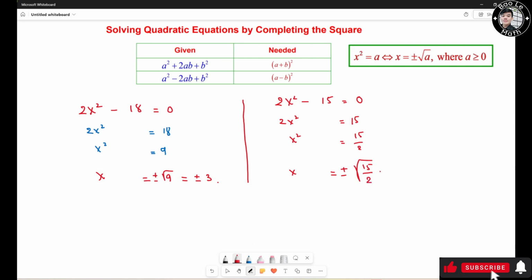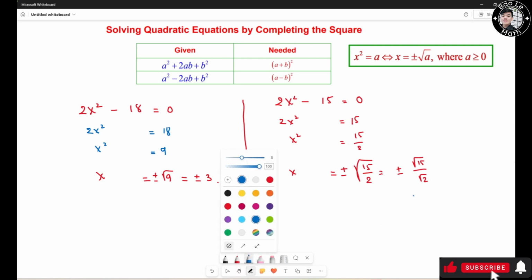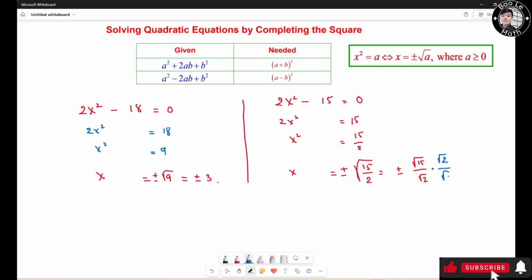Now this can be written as plus and minus root 15 over root 2, right? You need to radicalize the denominator by multiplying the numerator and denominator by root 2, right?